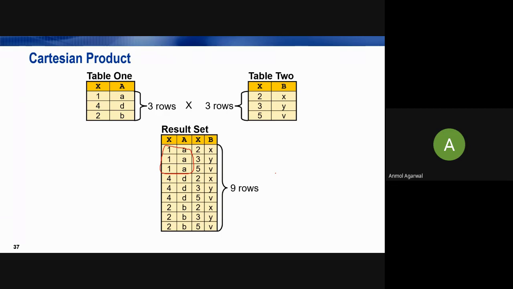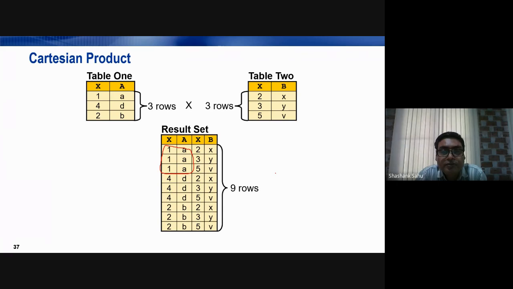Please explain. Yes, any student. Why do we have 1A three times here, 4D three times here, and 2B three times here?